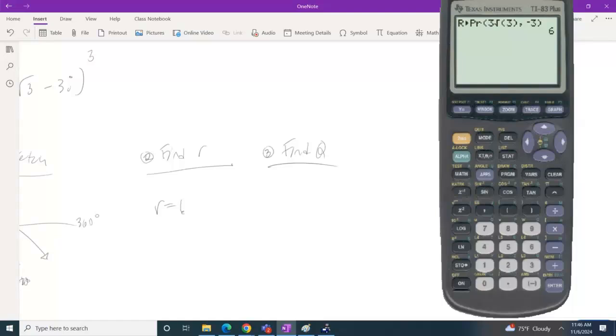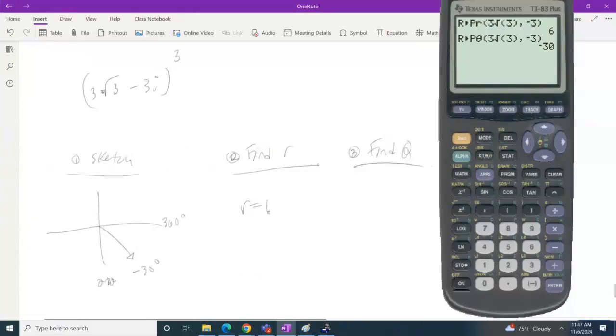And if I find theta, I'm going to use that inverse tangent function. You get negative 30, but you got to add 360, right? Because negative 30 is in the fourth quadrant, but the direction angle has to be positive. So if I add 360, I get 330.